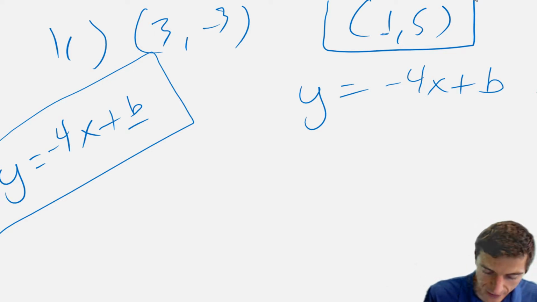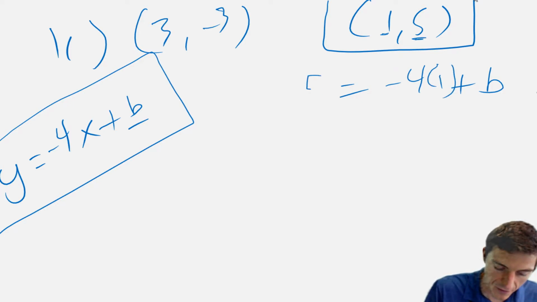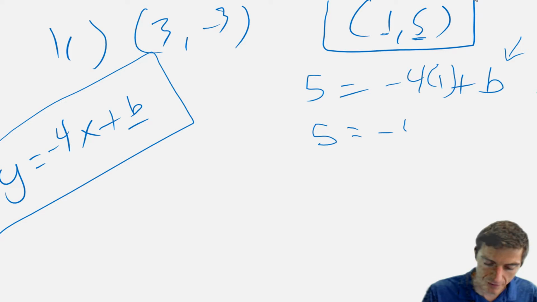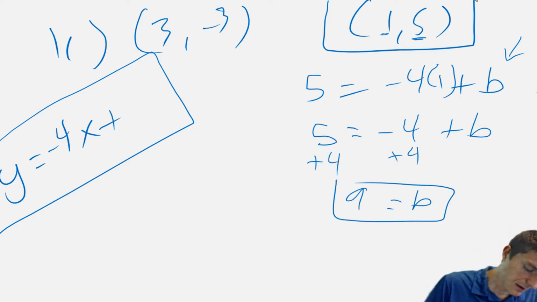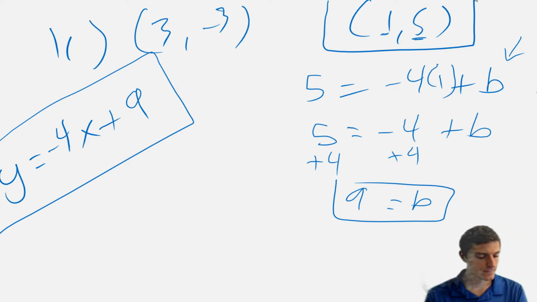This is my x value, so I plug it in for x. 5 is my y value, so I plug it in for y. Now you can see the only unknown I have in my equation is that b value. So I get 5 is equal to -4 plus b. So I add 4 to both sides, and I figure out that b equals 9. And there's my solution. That's the equation of the line.